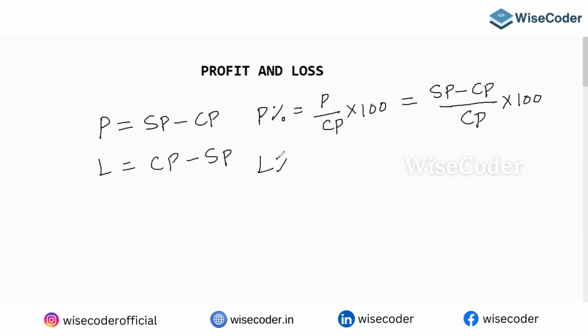Loss percentage. What is loss percentage? You are comparing loss with cost price into 100. So that is nothing but CP minus SP by CP into 100. Guys, if you remember these formulas, most probably we can solve every question.